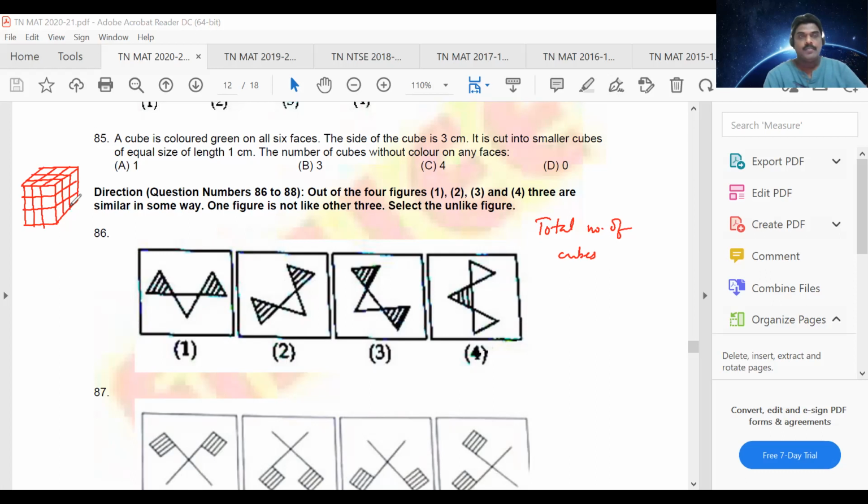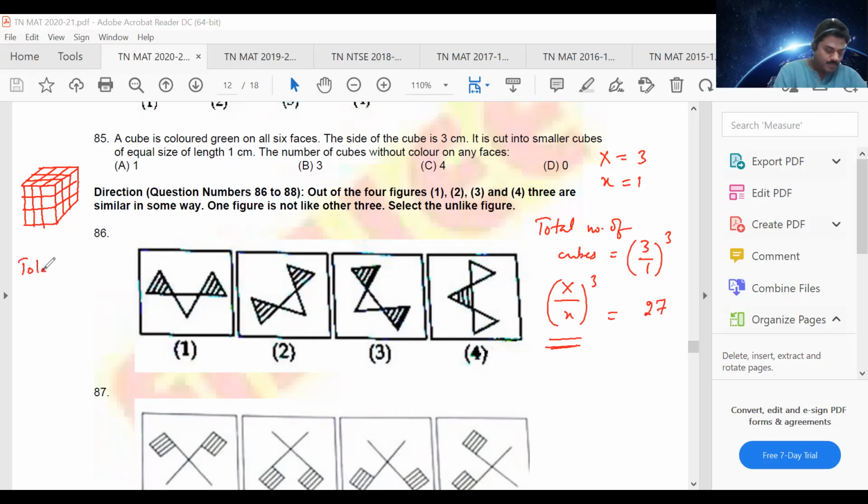Now you need to find the total number of cubes. I will take capital X as 3 and small x as 1. So my total number of cubes would be 3 by 1 whole cube, that is capital X by small x whole cube. This is the formula, right? So 3 cube is 27. So my total number of cubes are 27. That is the first part.